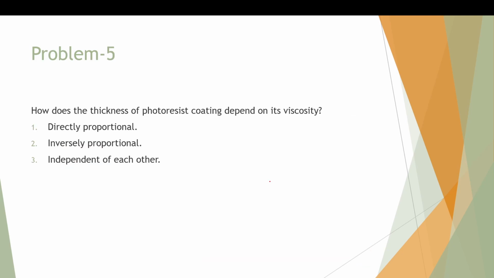How does the thickness of photoresist coating depend on its viscosity? That's just a mechanical process, right? Spin coating. When we spin coat, if the viscosity is very high, then it will stick, it will be heavy to remove. So basically it will be directly proportional. Higher viscosity means the thickness of the photoresist will be higher.